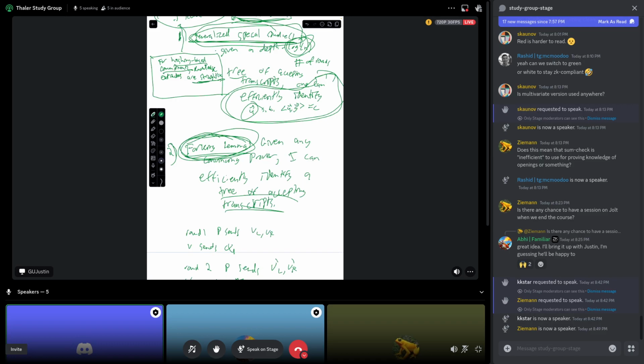Whereas these group-based protocols just don't have that. Firstly, if you run them interactively, there's no Merkle hashing, there's no hashing anywhere, there's no random oracle or anything. So the extractor just doesn't have the same capability that the random oracle model stuff has.